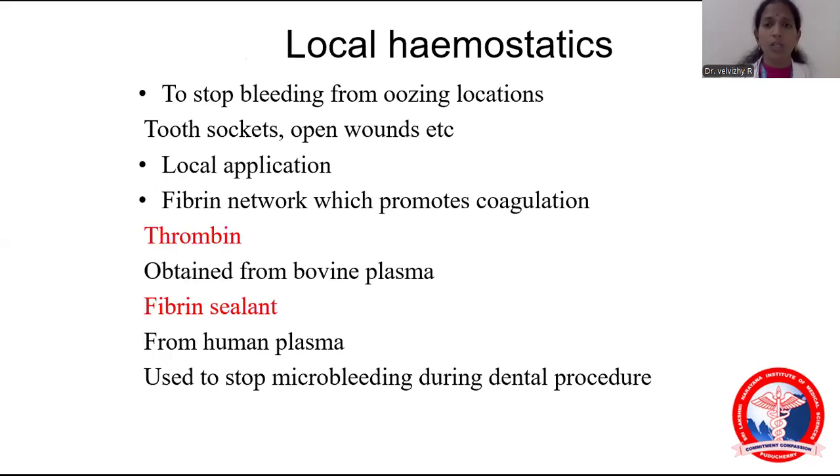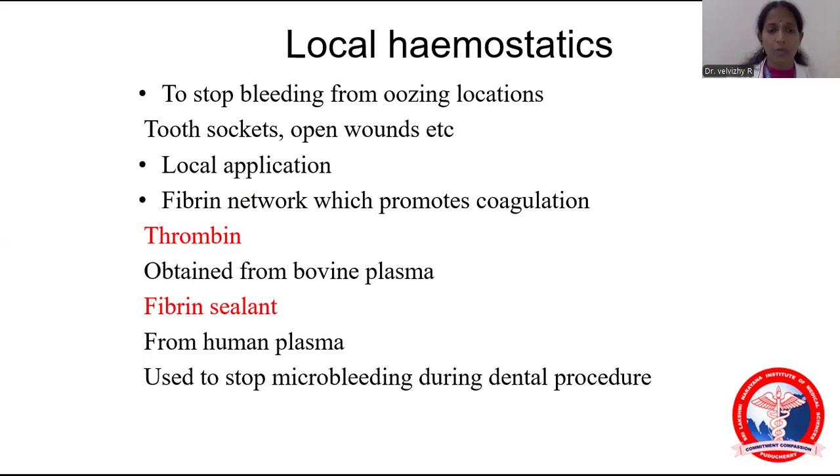And we have local hemostatics. What are local hemostatics? They arrest the bleeding from a particular site, like after tooth extraction, if you have bleeding from the tooth sockets or an open wound. For local arrest of bleeding, we use local hemostatics. Here we have thrombin, which is obtained from bovine plasma. And we have fibrin sealant, which is prepared from human plasma.